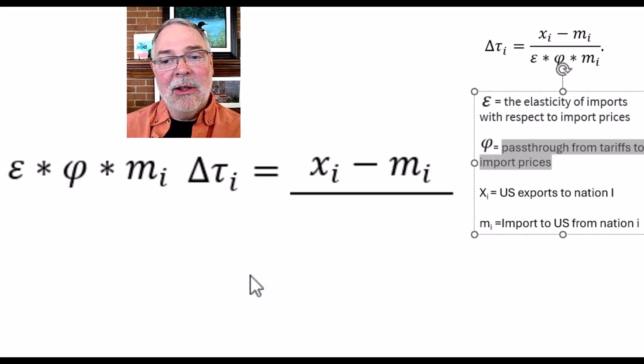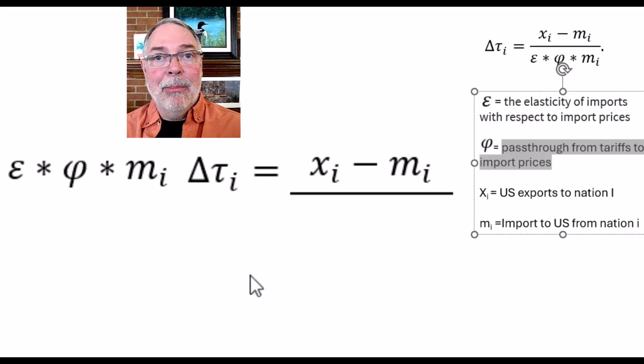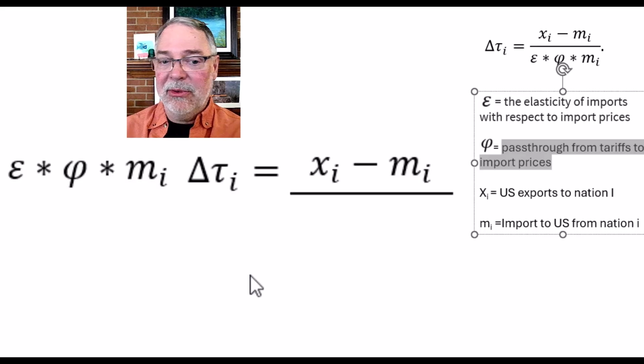If the entire cost of the tariff was dumped onto the price, it would be 1. But what if the exporting company takes a haircut and lowers the price so that it can compete? So what is the pass-through from the tariff rate to the price, expressed in percentages?